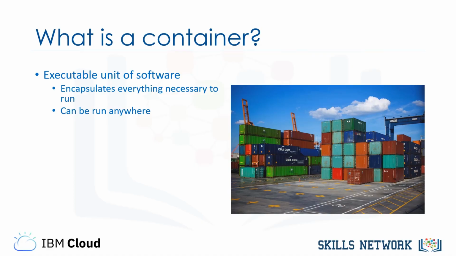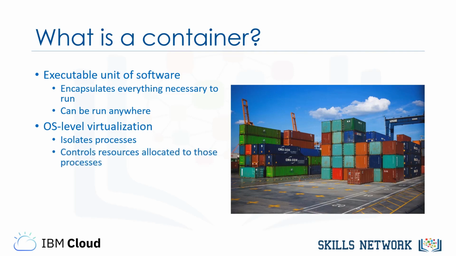To do this, containers take advantage of a form of operating system virtualization, in which features of the operating system are leveraged to both isolate processes and control the amount of CPU, memory, and disk storage that those processes have access to. In the case of the Linux kernel, namespaces and C groups are the operating system primitives that enable this virtualization.